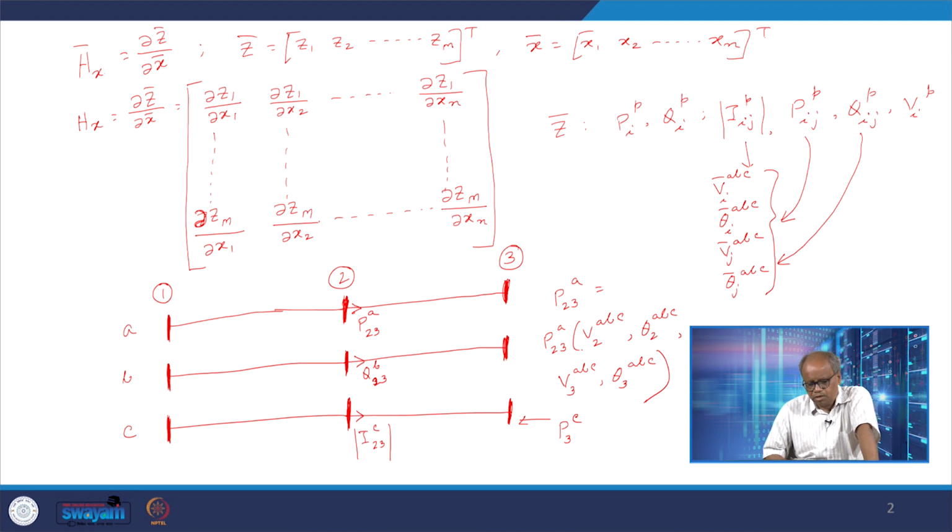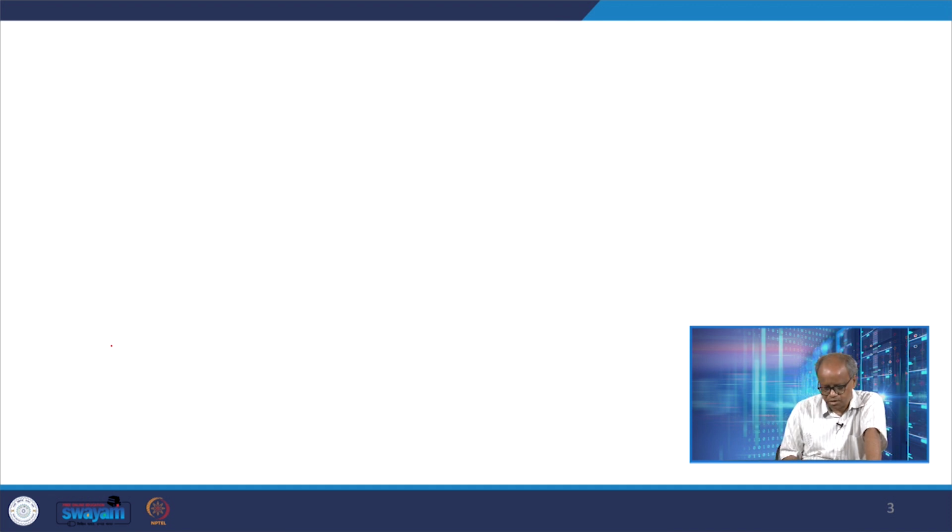With this, now in this small system, what are my unknown quantities? My unknown quantities are V1 ABC, V2 ABC, V3 ABC, theta 1 BC (please note theta 1A is 0), then theta 2 ABC and theta 3 ABC.